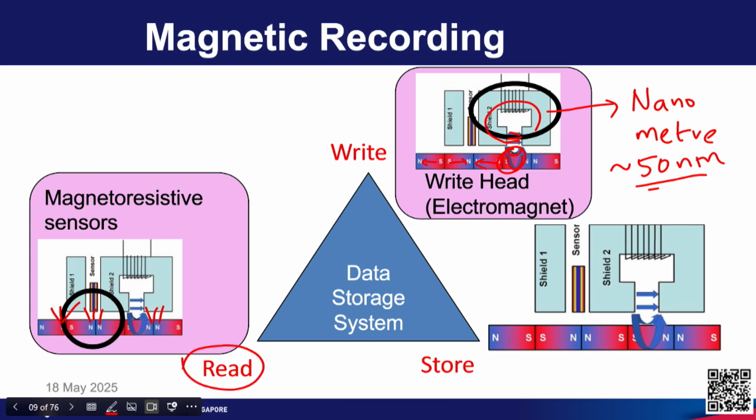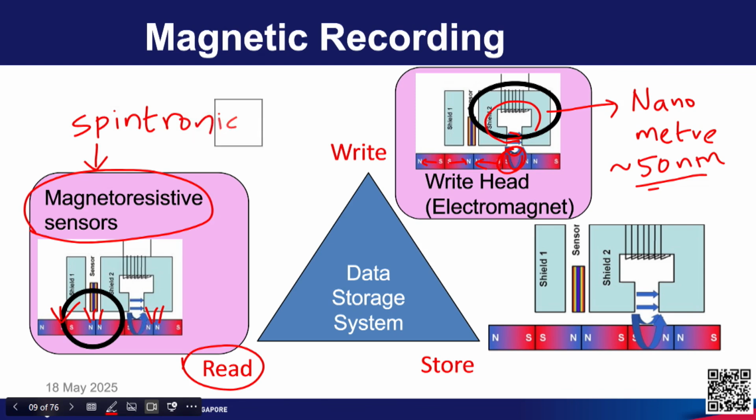Okay. So, for this purpose we will be using some magnetoresistive sensors. So, these are spintronics read sensors. Okay. So, we will learn about how they work later, but we use these sensors to read information. And for storing, we are using the coercivity.